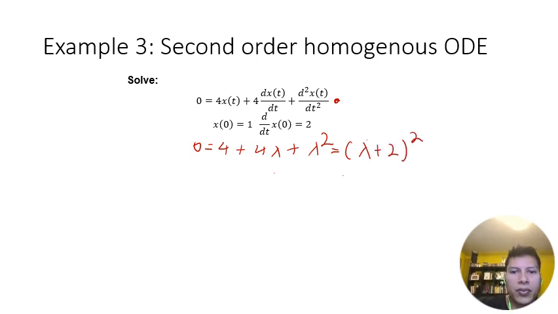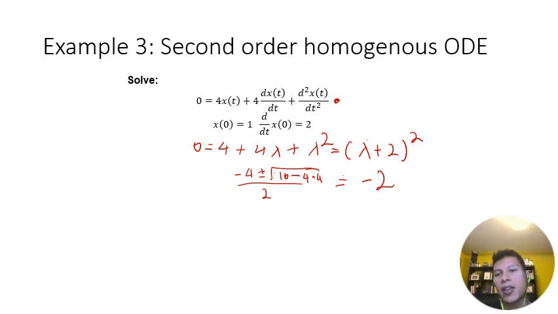You could also use your quadratic formula, so you have negative 4 divided by 2a plus minus the square root of 4 squared, which is 16, minus 4 times 4, which is 16. And so you get a repeated root of negative 2.